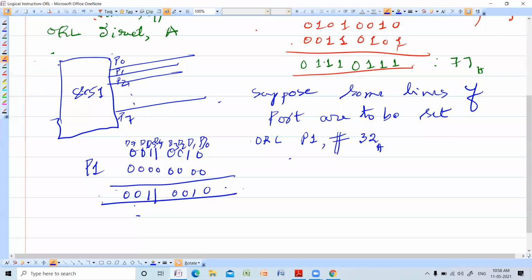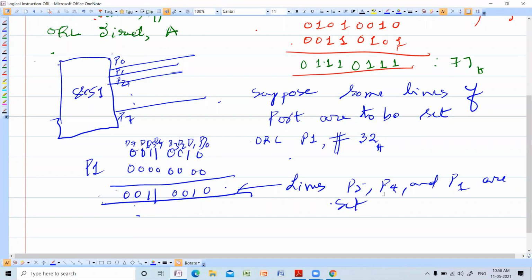Meaning, now lines P5, P4 and P1 are set. So this is the application of the OR operation.